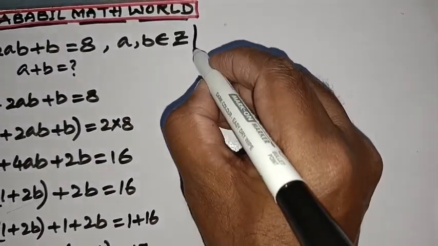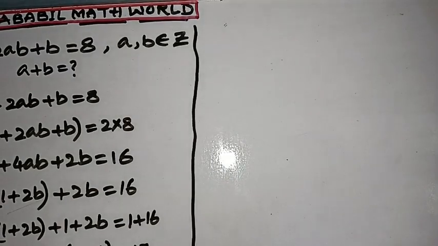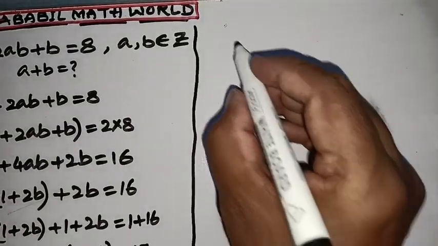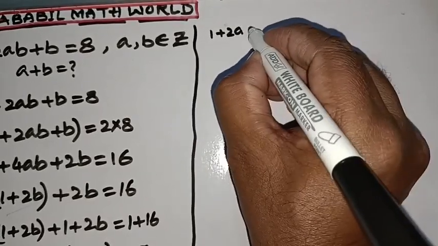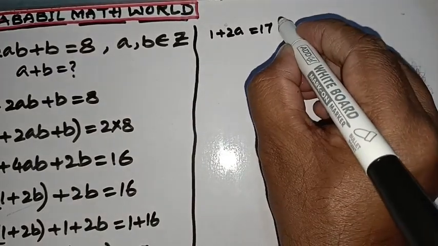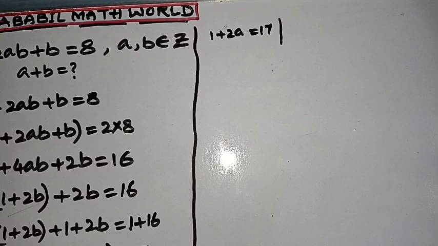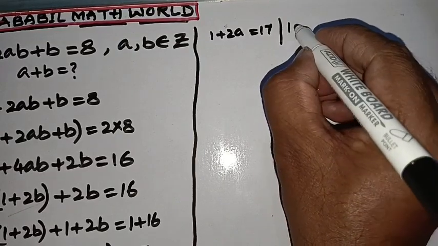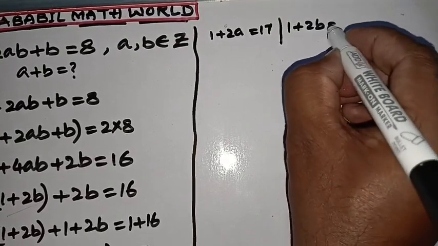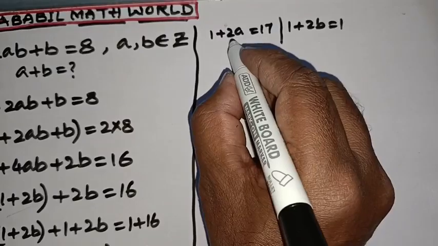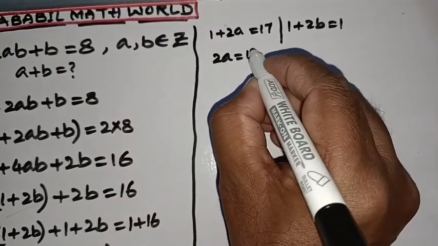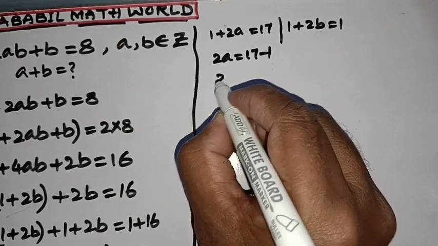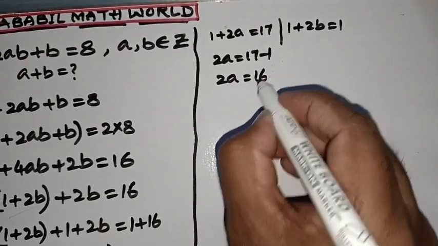So first of all, we take the factor 17 and 1. So if we equate 1 + 2a to 17 and 1 + 2b to 1, from this one, 2a = 17 - 1, and 2a = 16.